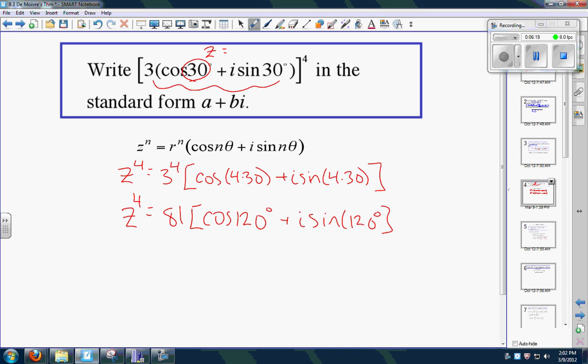Now, you've seen things in that form before, so that's obviously in polar. We look at the directions. Write this polar number to the 4th power in the standard form a plus bi.